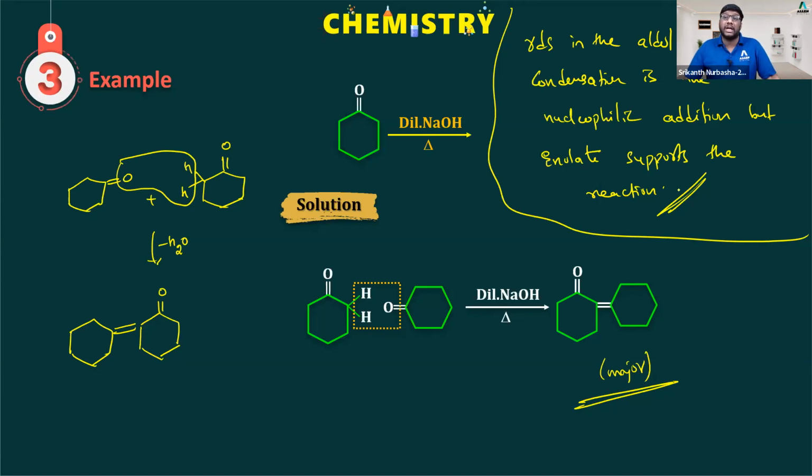We all know aliphatic aldehydes are more reactive, then aromatic aldehydes, then aliphatic ketones, then aromatic ketones. So you have to keep the C double bond of the aliphatic aldehyde as it is, and generate the enolate in such a way that it will act as a nucleophile. It will attack the more reactive C double bond O, because the rate determining step is the nucleophilic addition reaction.